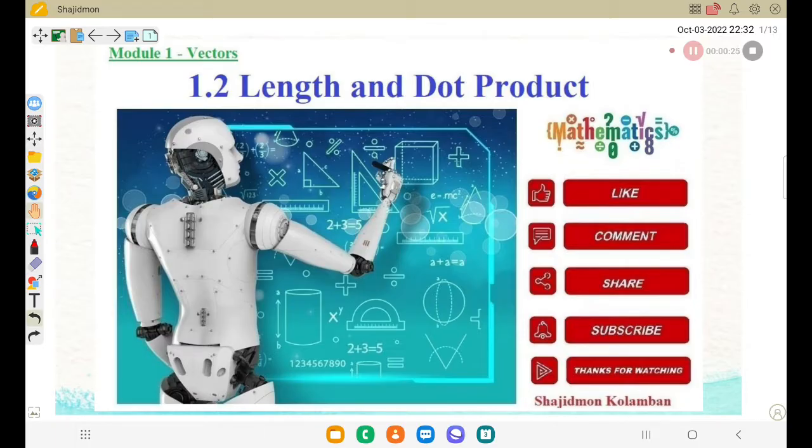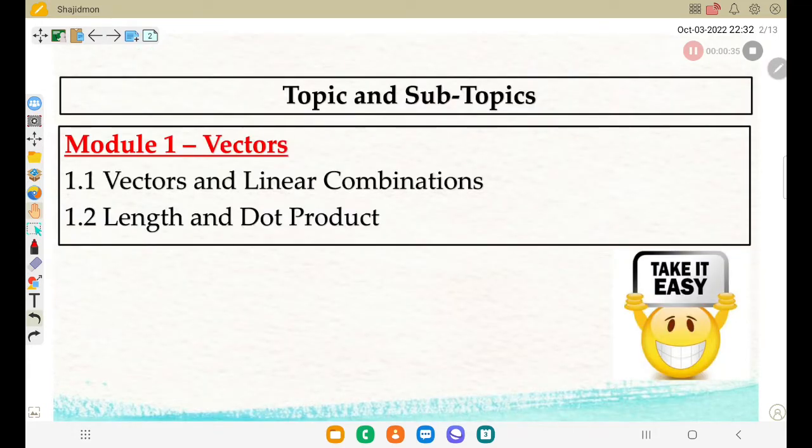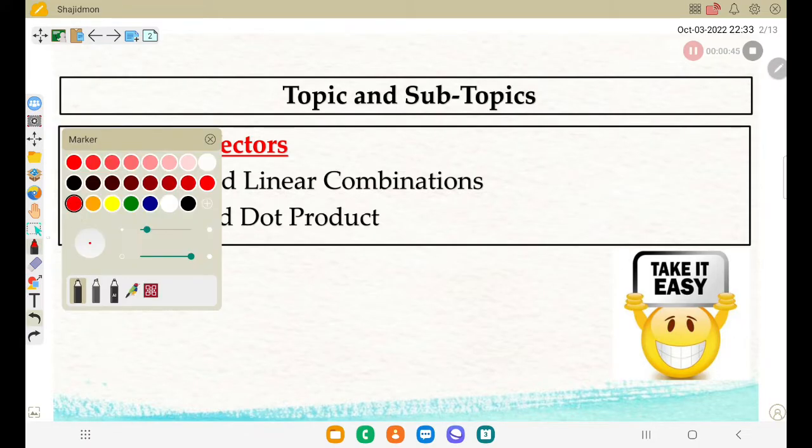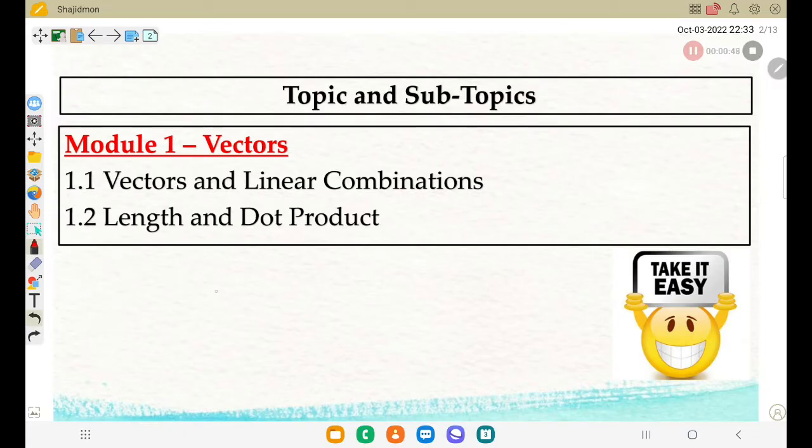So let us discuss a topic from module 1, vectors, section number 1.2, length and dot product. In the last recorded class we covered the topic vectors and linear combinations, section 1.1. In that section we discussed how to add two vectors.